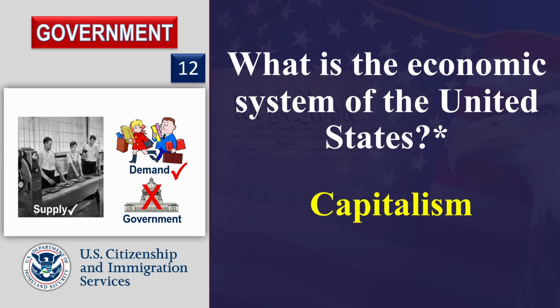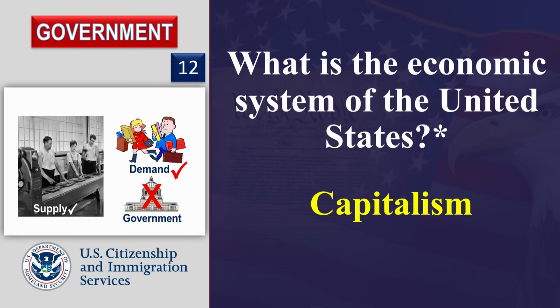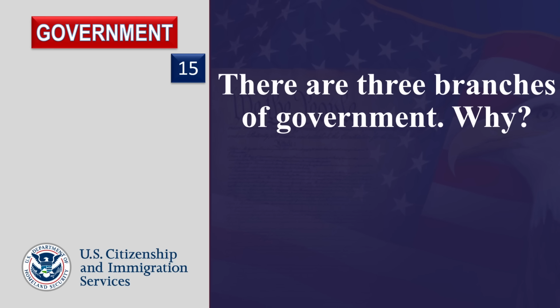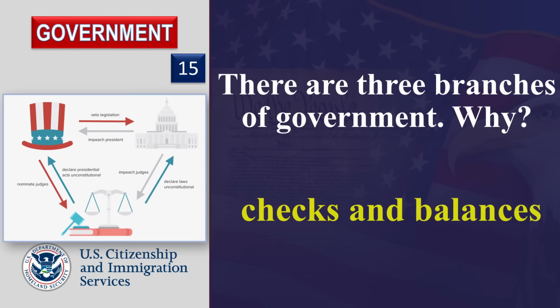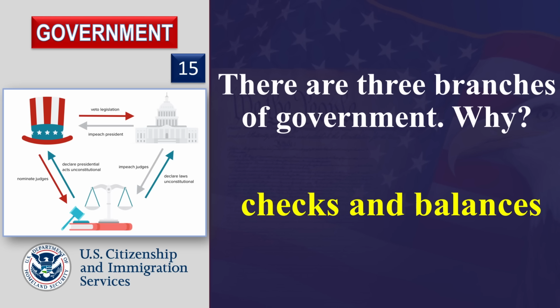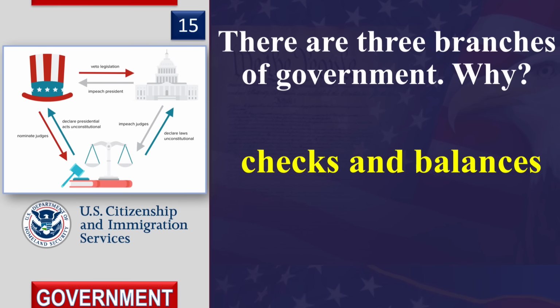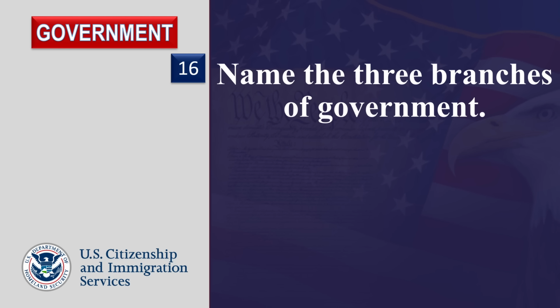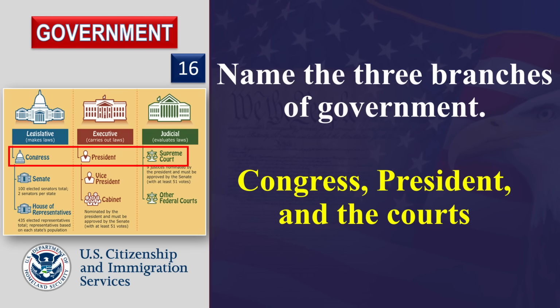Capitalism. There are 3 branches of government. Why? Checks and balances. Name the 3 branches of government. Congress, President, and the courts.